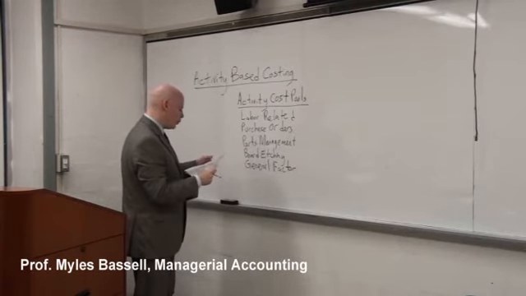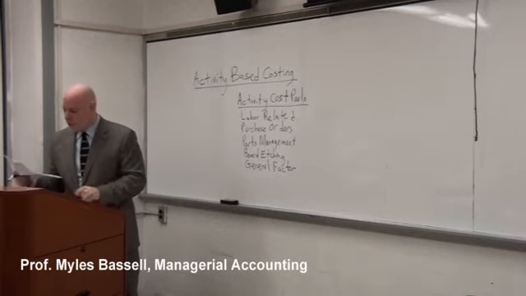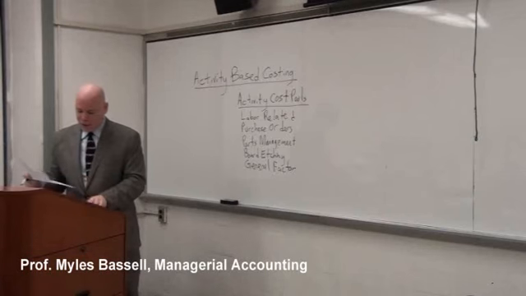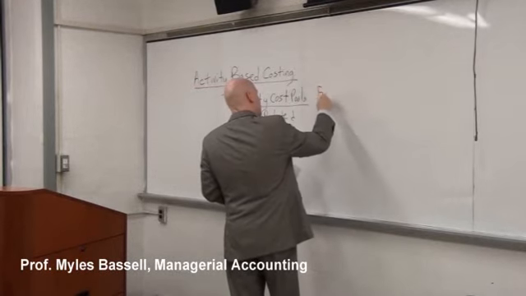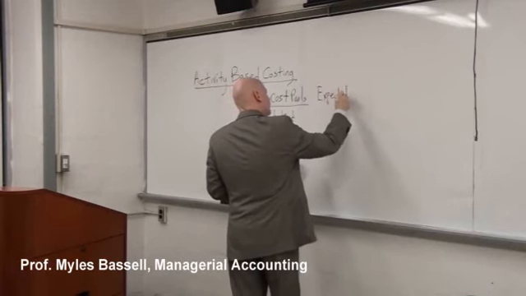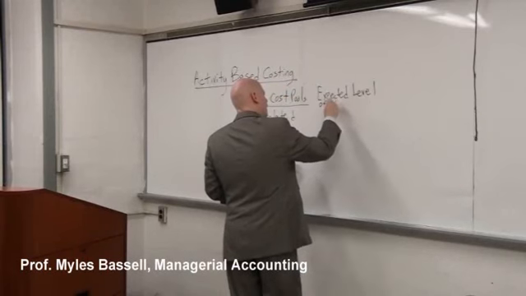Those are the activity cost pools. Then we have the expected level of activity.